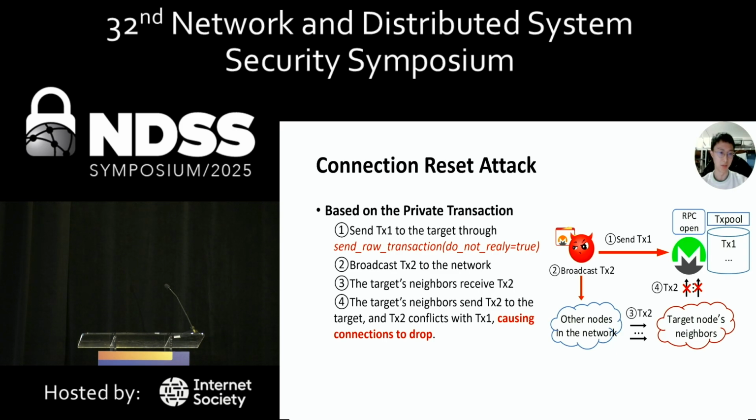First, we inject a private transaction TX1 into the target node and then broadcast another transaction TX2, which conflicts with TX1 due to double spending. After that, transaction TX2 propagates throughout the Monero network and eventually reaches the target node through its neighbors. Since the target node has already received TX1, it will reject TX2 and disconnect from its neighbors. So that is the first connection reset attack.